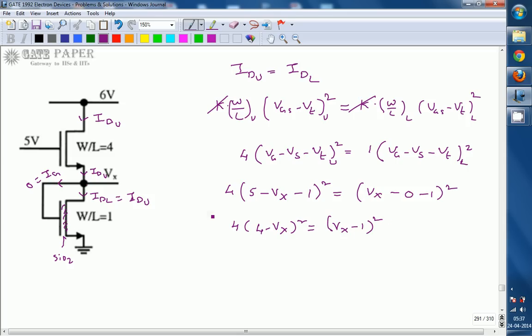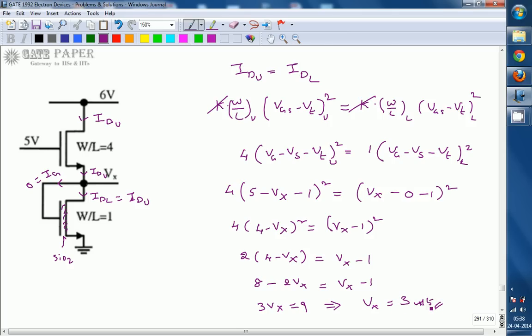Take the square root on both sides, so this becomes 2 times (4 minus Vx) equal to Vx minus 1. So 8 minus 2Vx is equal to Vx minus 1. So 3Vx is equal to 9, and from that you can say Vx is equal to 3 volts.